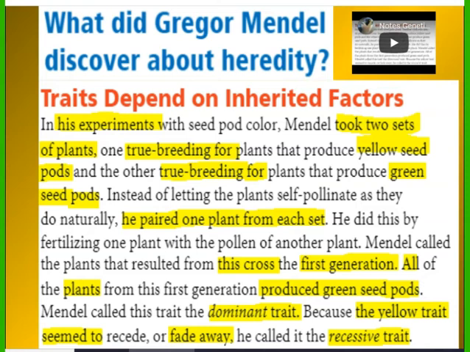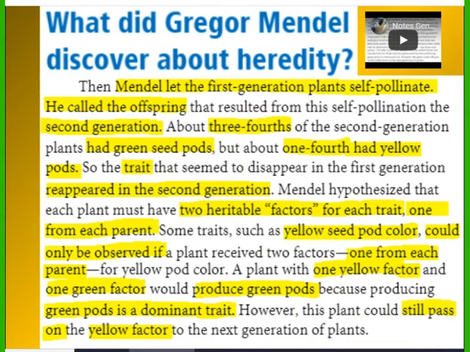And he saw that some kind of faded away and didn't show up sometimes, so he called those recessive. He wasn't using the word genes, but he was using the word factors. He knew there were factors involved, and it was going to be 2 factors for each trait. What he was thinking about there is what we would later know as genes.